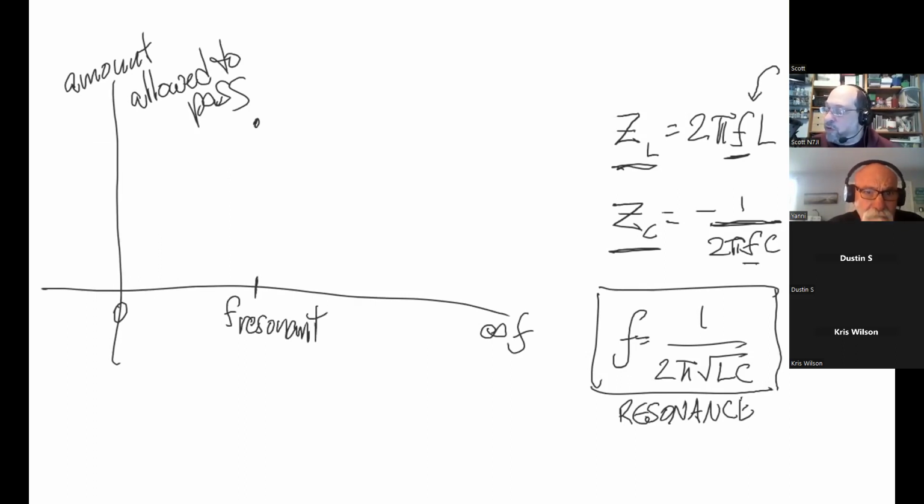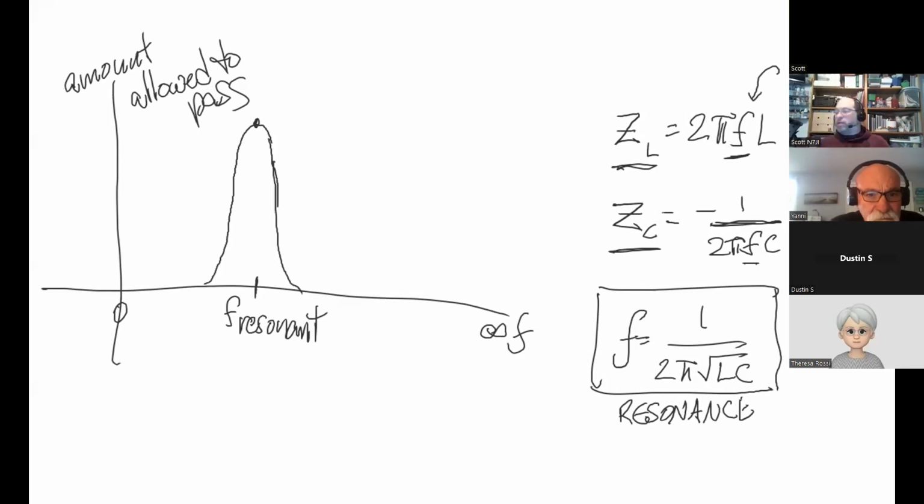As soon as we move away from it, it drops off. As soon as we move away from this, it drops off. What is that thing called where it allows just a certain number of frequencies to go through? Looks like you built a filter. That is a basic filter.